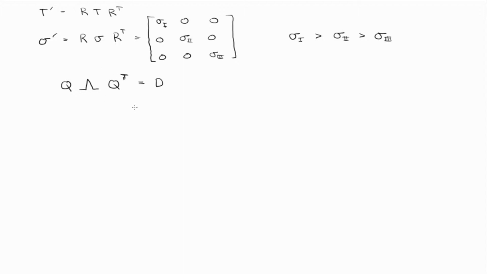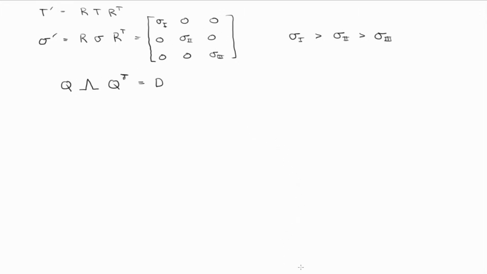The matrix lambda is a matrix of the eigenvalues. The matrix Q is the eigenvectors of the matrix. And so if I choose R to be the eigenvectors, then I can diagonalize it.